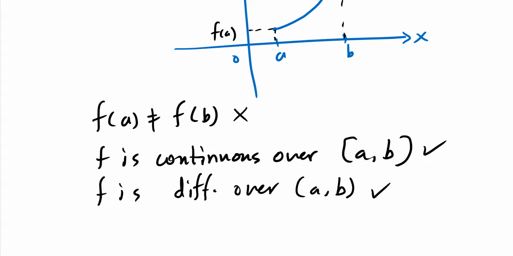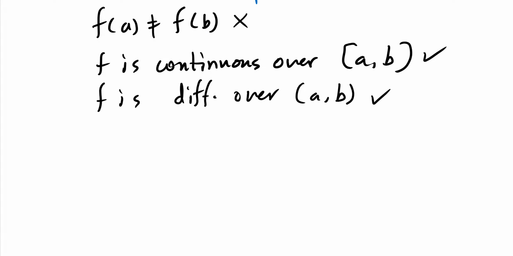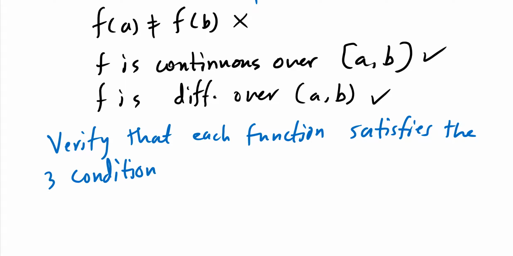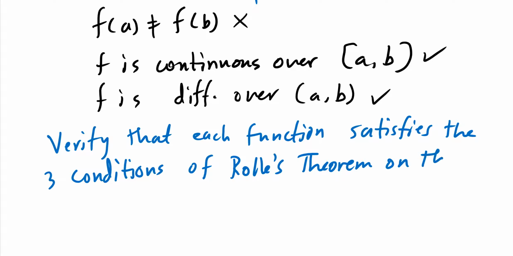Now we're going to look at not graphical examples, but an actual given function. So let's say they ask us to verify that each given function below satisfies the three conditions of Rolle's theorem on the given interval.